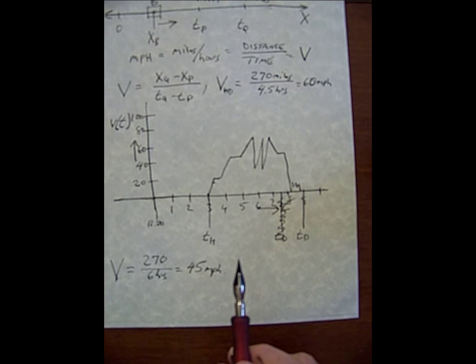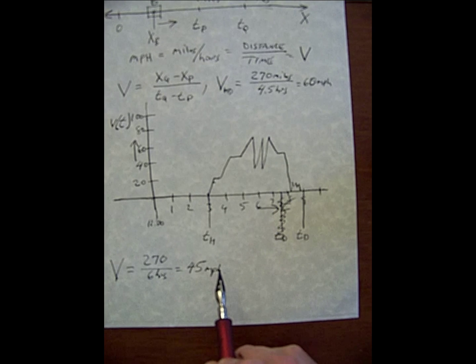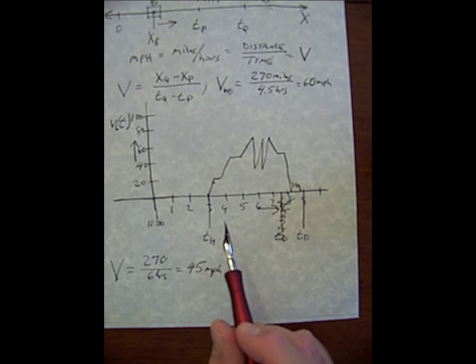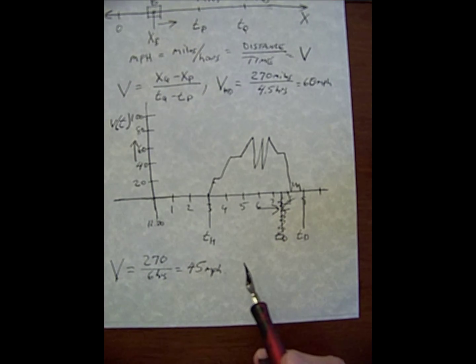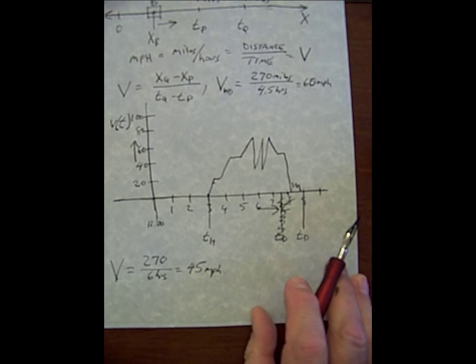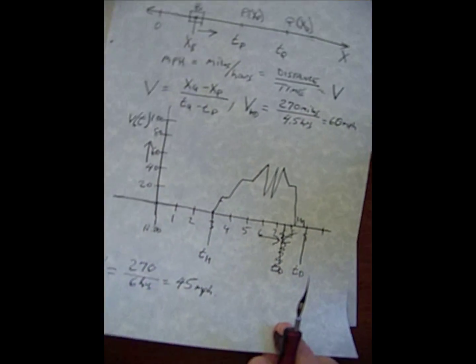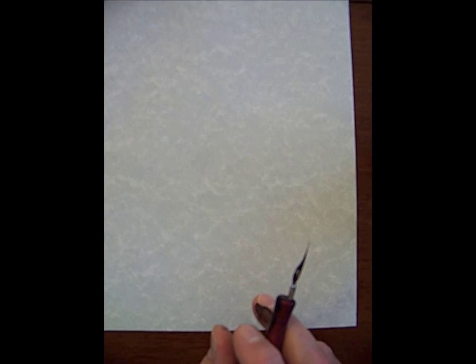But that's one of the problems with instantaneous velocity, is you never know what it is or how long you're going to be at any one particular velocity. So, how do we calculate instantaneous velocity?